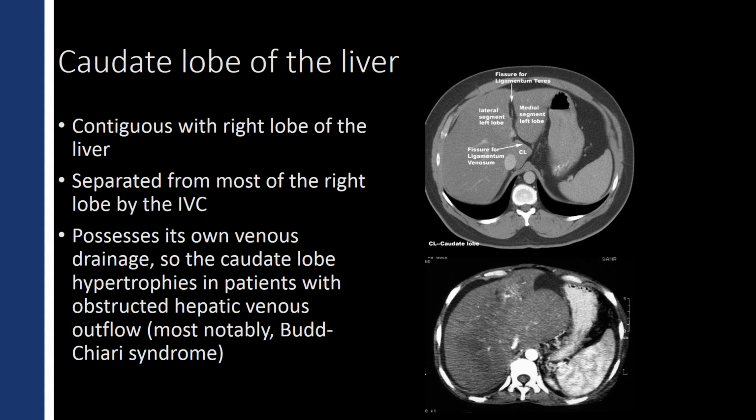And so what happens then is that caudate lobe, since it's not drained by the hepatic veins, is unaffected by Budd-Chiari, and so the caudate lobe will actually hypertrophy or increase in size in order to take over the function that's lost by the rest of the liver. So what you see, and we'll discuss this more in the pathology portion, but what you see is fibrosis of the liver with the exception of the caudate lobe, which will be hypertrophied.